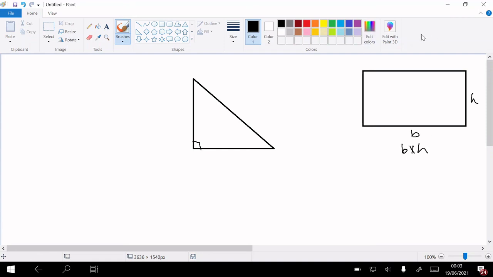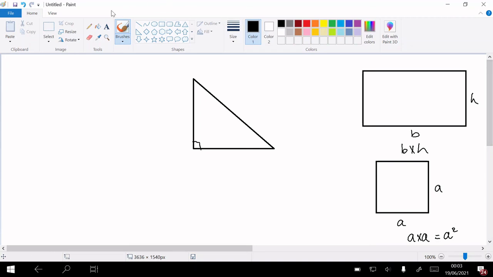But if, let's say, I have a square instead, how would you find the area? If I call this side A and this side A, the area of this square would be A times A, which is A squared.